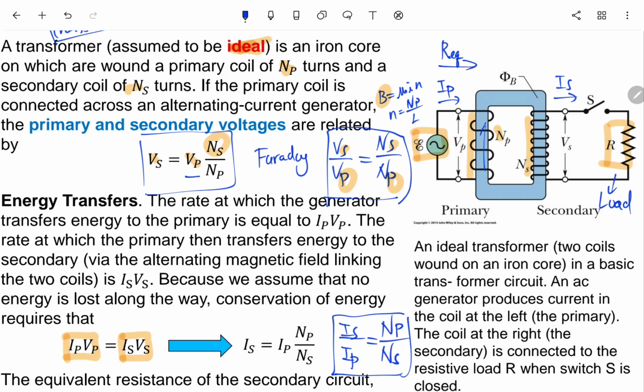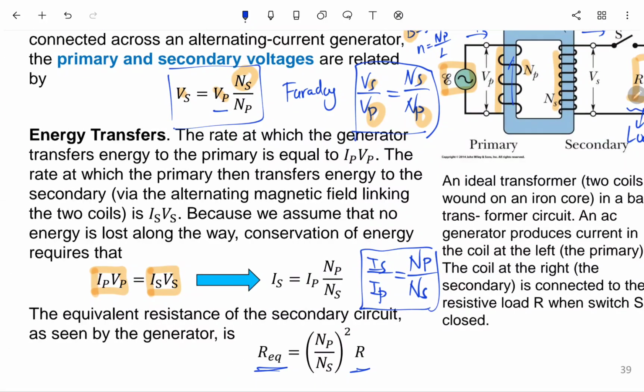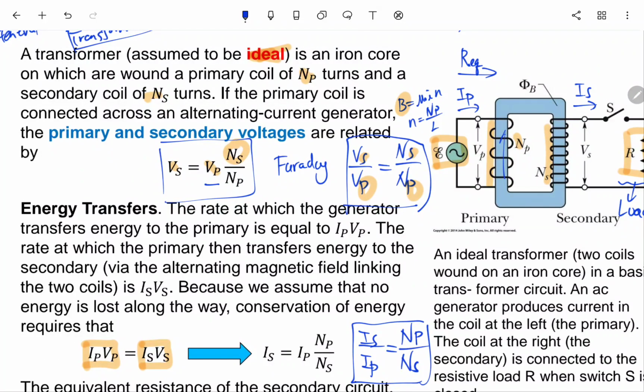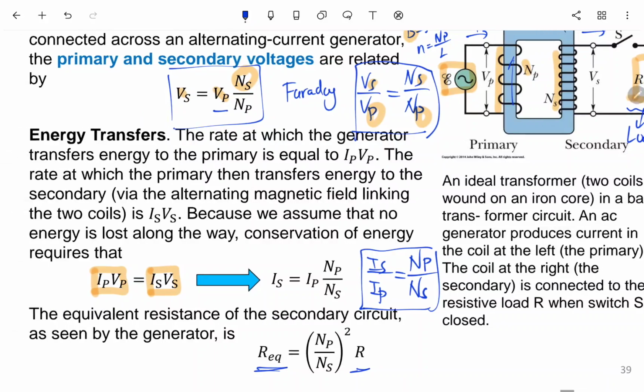Of course, for the secondary coil, we know the impedance is R out. But for the primary coil, the resistance seen by the primary coil is not R out. Okay, so this is interesting stuff. For the secondary coil, Vs over Is will be R out, but Vp over Ip is not R out.